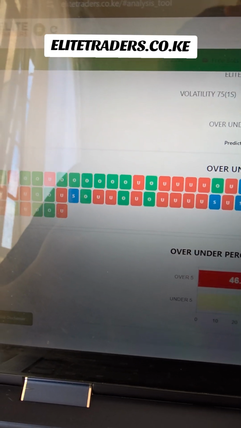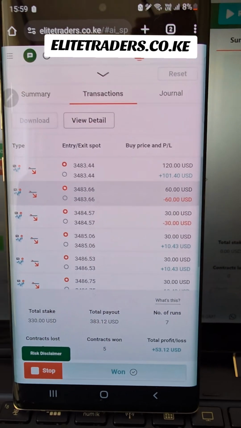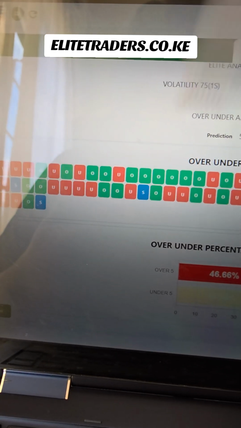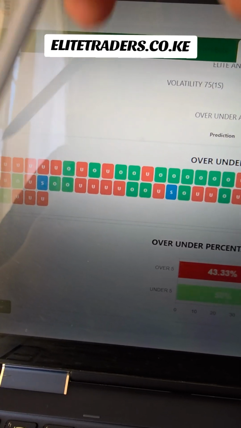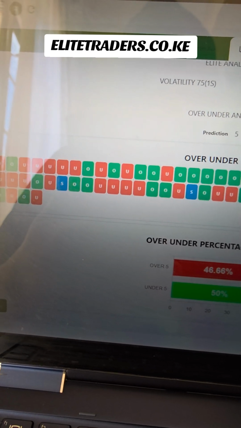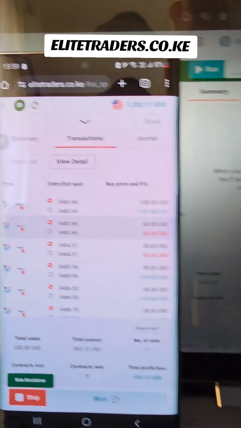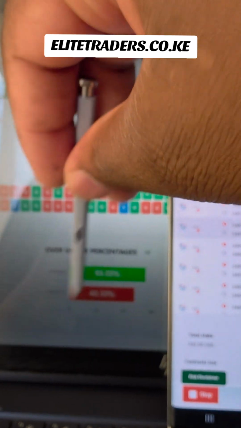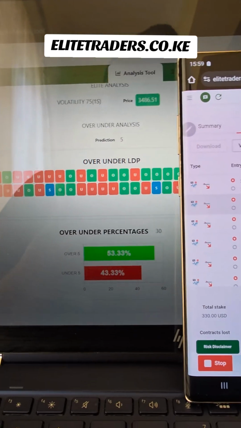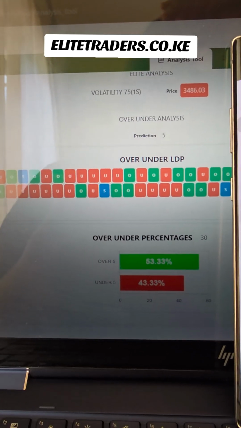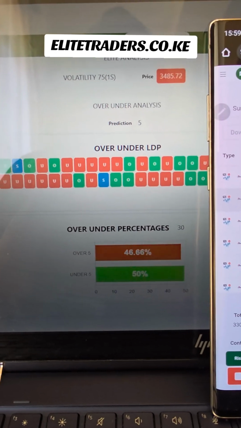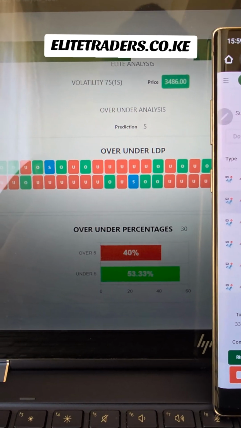Okay, so now we are almost half the TP. We are at 53. It's happening automatically. The reason I'm showing you the chart is so that you can see the robot is accurate. Here the market is less than 50, that's why it didn't trade. But if it was above 50, the robot would have executed. You see, we are not doing any analysis.